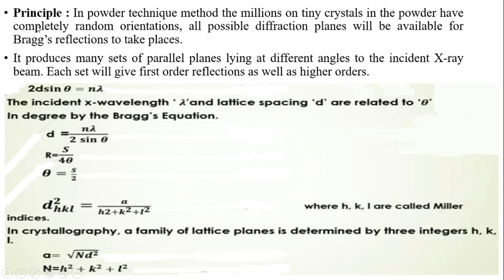And d square HKL equal to a square upon h square plus k square plus l square, where h, k, l are called Miller indices. In crystallography, a family of lattice planes is determined by three integers h, k and l, where a equal to under root of n into d square and n equal to h square plus k square plus l square.